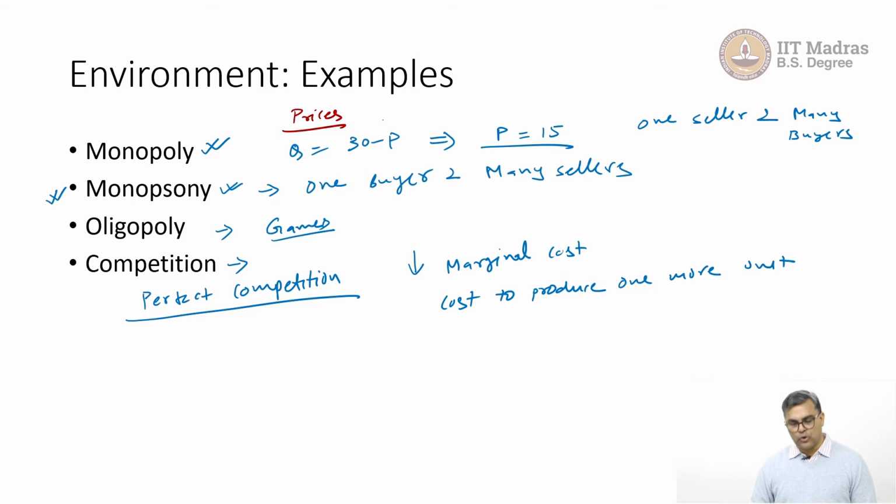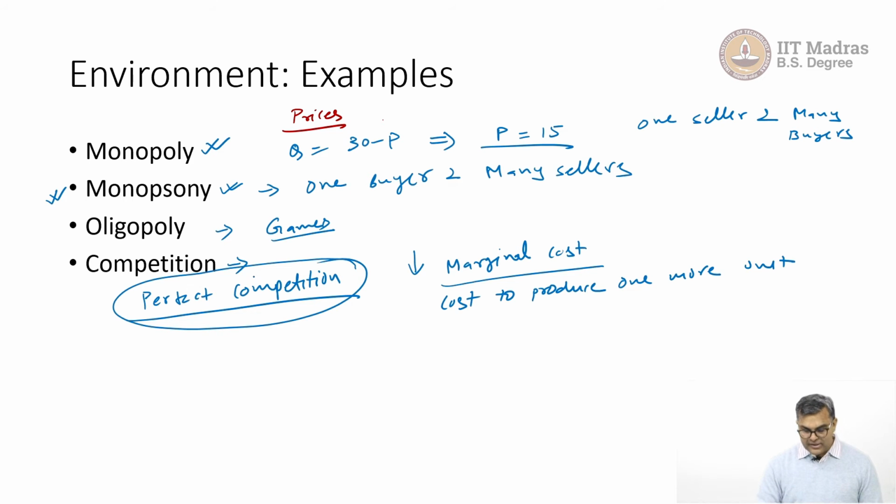So they will keep on lowering, but once they hit the marginal cost they cannot go any lower, because going lower means making a loss: one additional unit will cost you something and you get less than that from the market, which is not advisable. So ultimately, in this theoretical concept, the price will become equal to marginal cost. When we do simple pricing we will get into perfect competition a little bit, just to understand what it means.